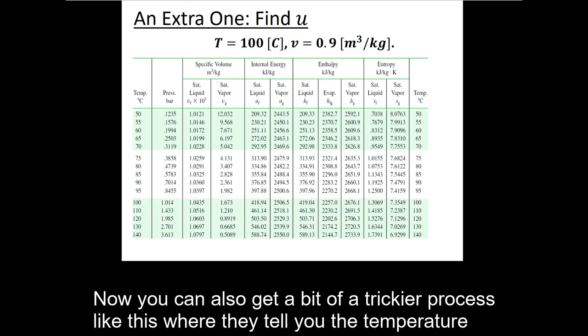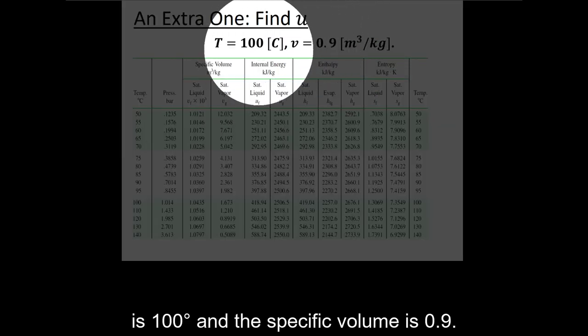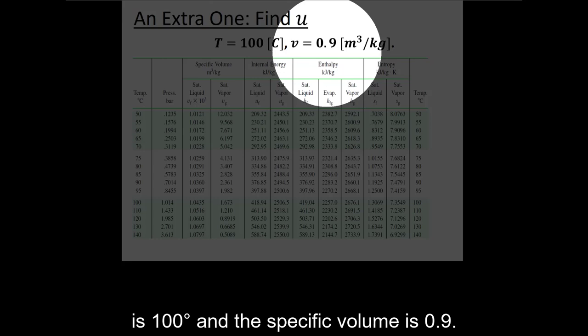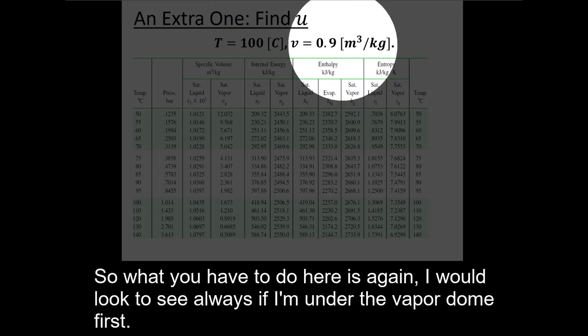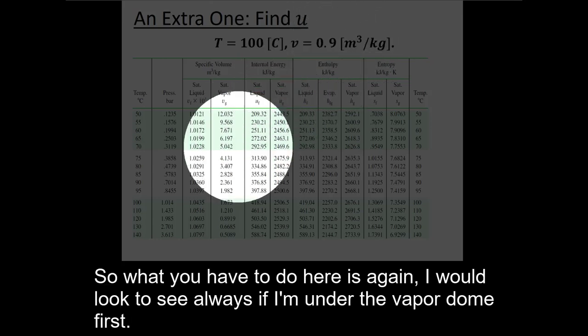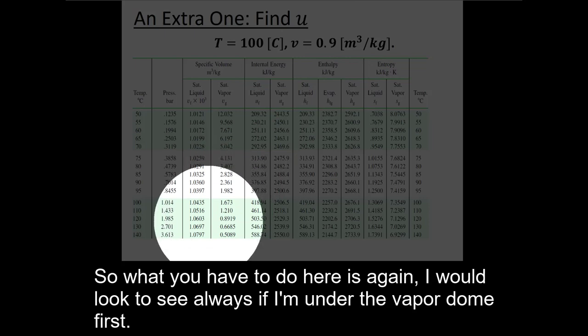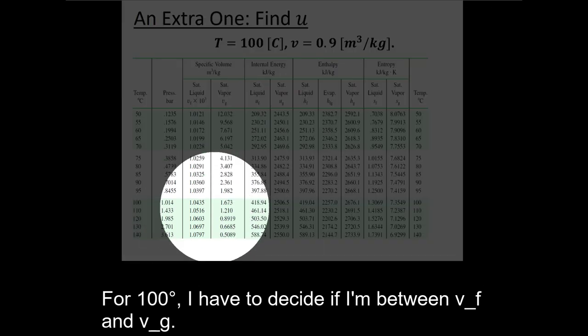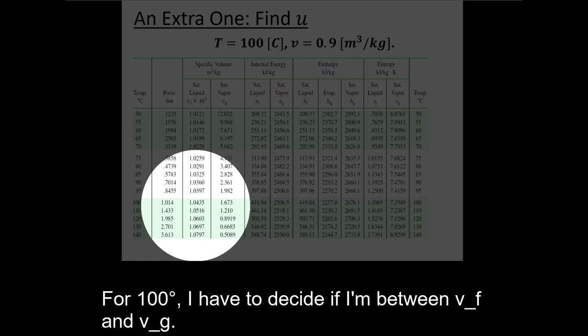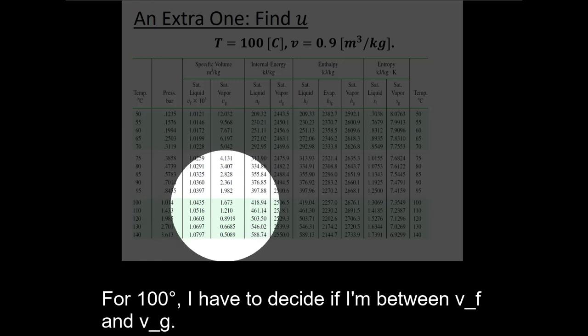Now you can also get a bit of a trickier process like this, where they tell you the temperature is 100 degrees and the specific volume is 0.9. So what you have to do here is, again, I would always look to see if I'm under the vapor dome first. For 100 degrees, I have to decide if I'm between VF and VG.